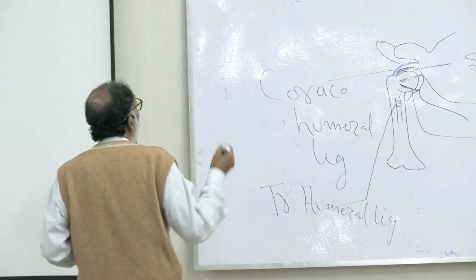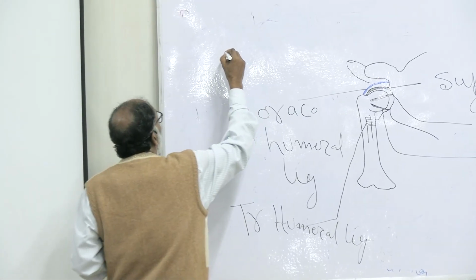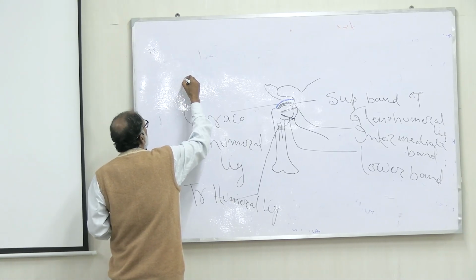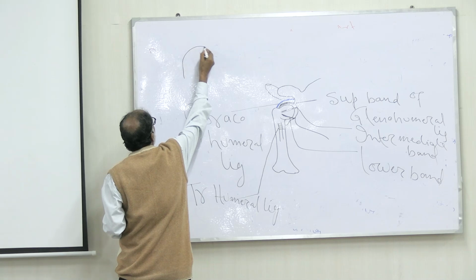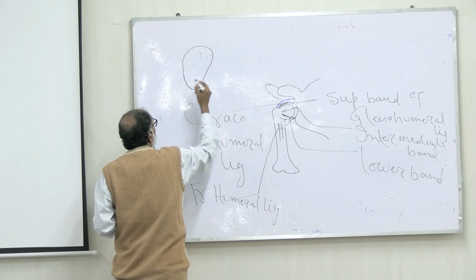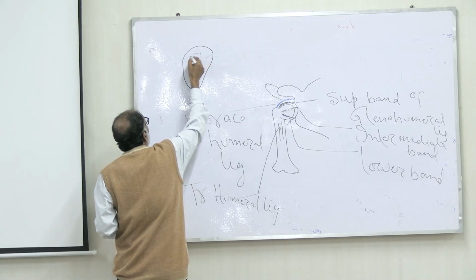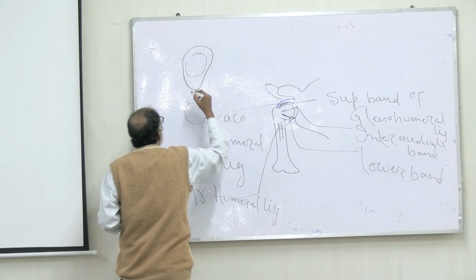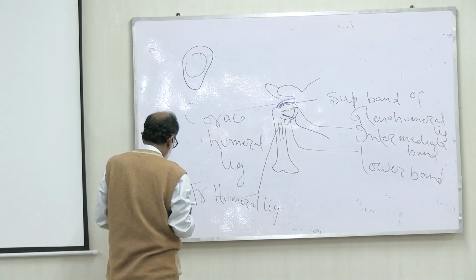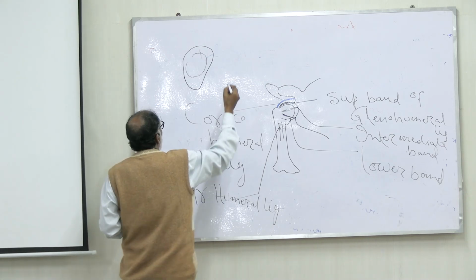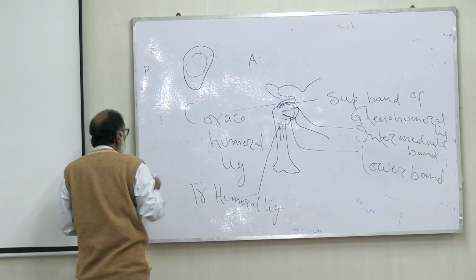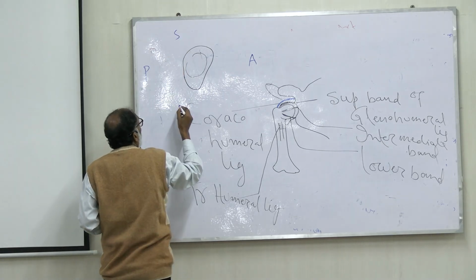Another, I am drawing the glenoid cavity. This is anterior aspect, this is posterior aspect. It is superior, it is inferior.